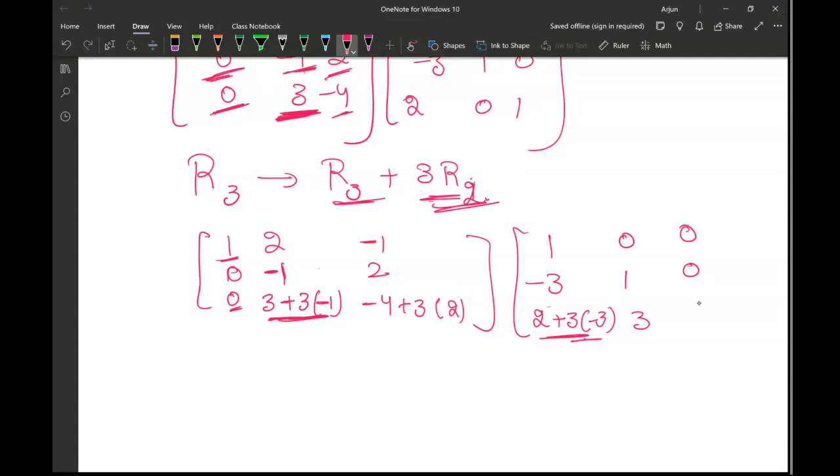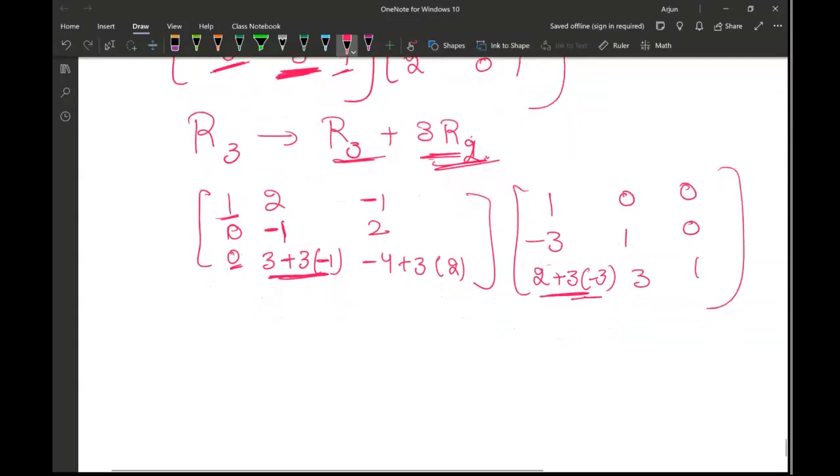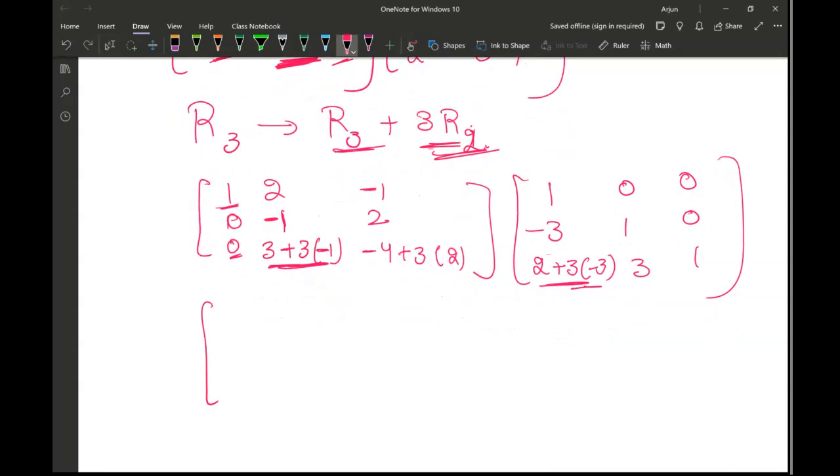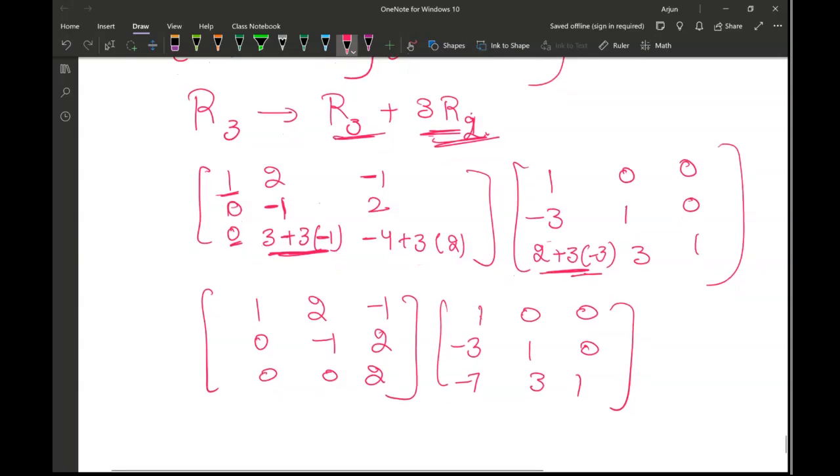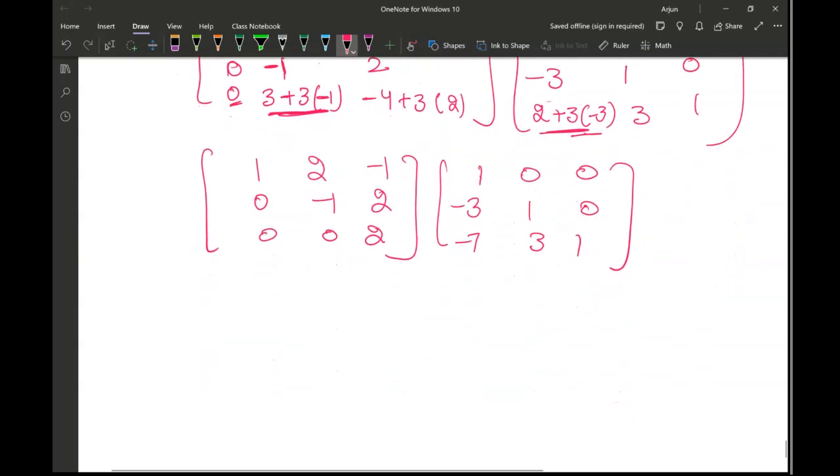So the result is 1 2 minus 1, 0 minus 1 2, minus 3 1 0, minus 7 3 1. Always follow this pattern, and for any question you will get the answer. There are many calculations and we tend to make mistakes, so go slowly.